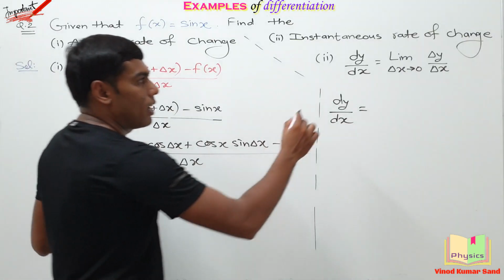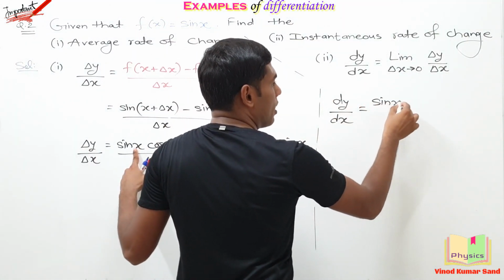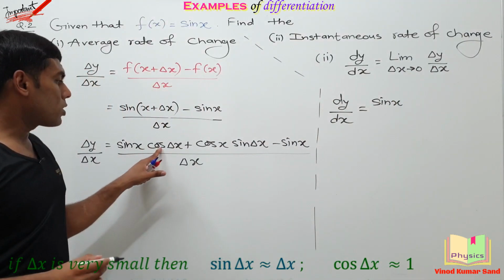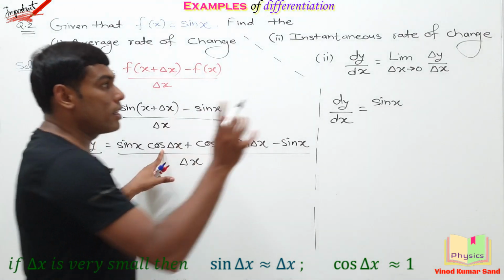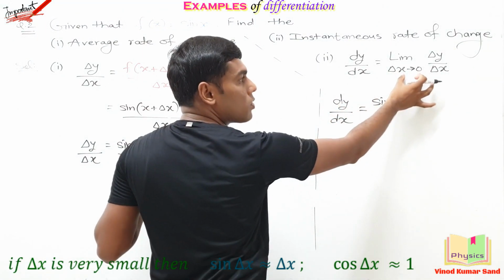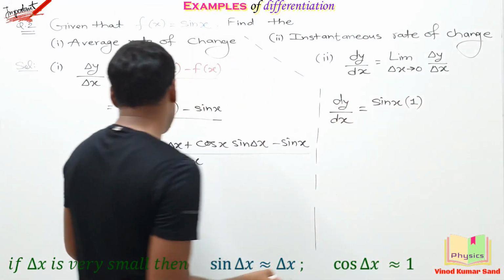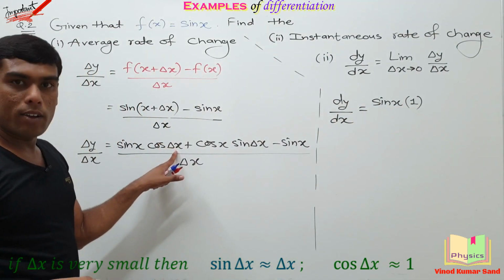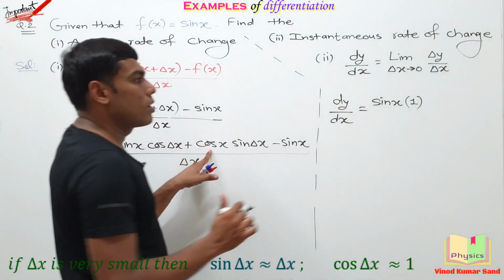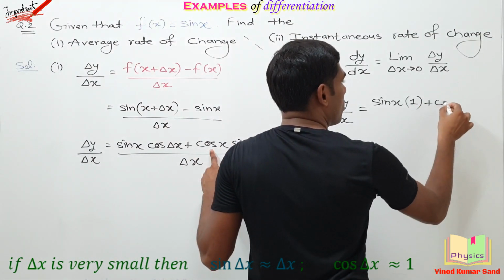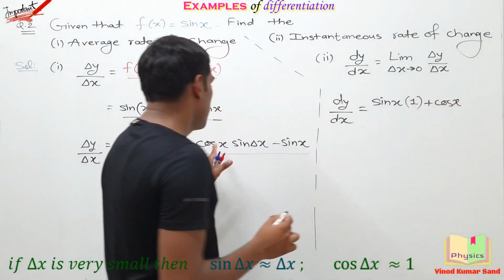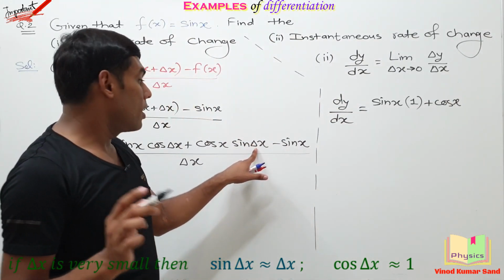Sin x, as usual, you will be putting it here. Cos del x, the del x is tending to 0, so here will be 1. Instead of cos del x, I am writing here 1. Now here is cos x and sin del x.